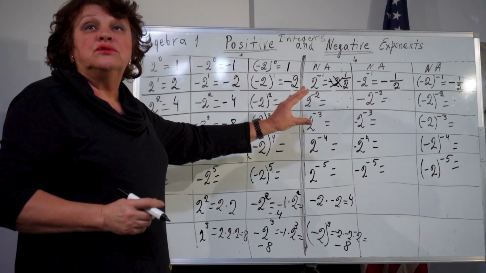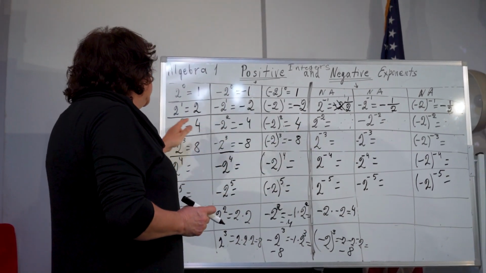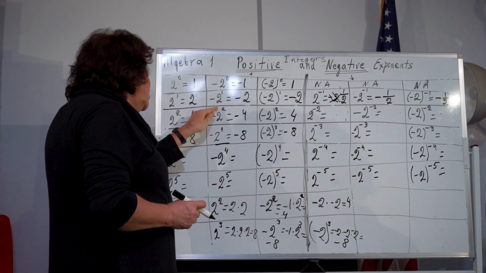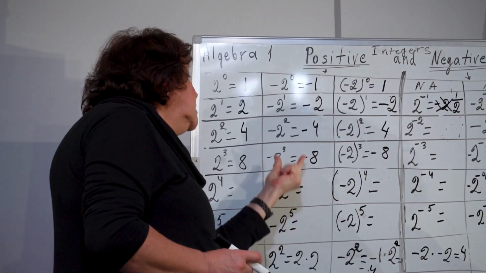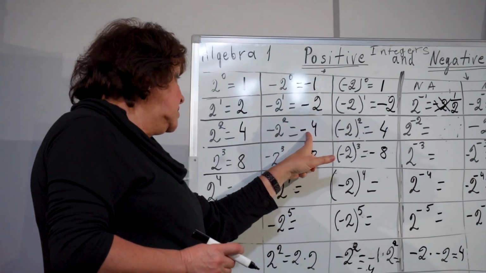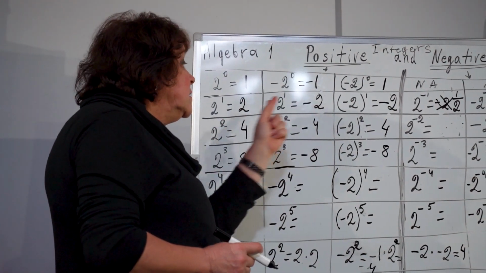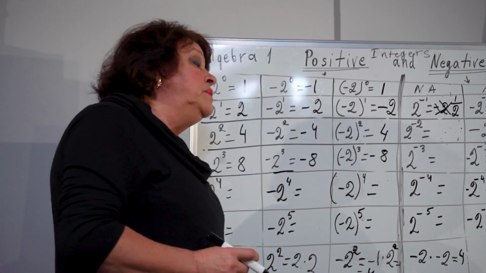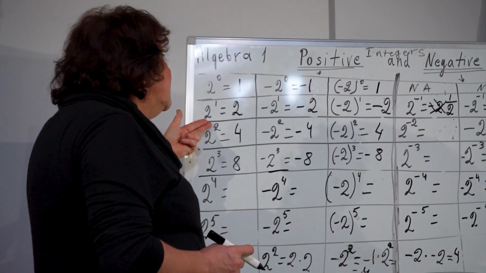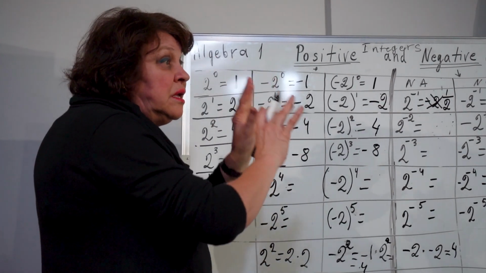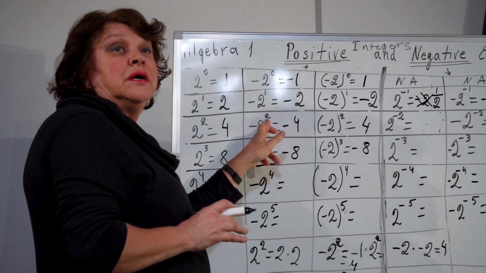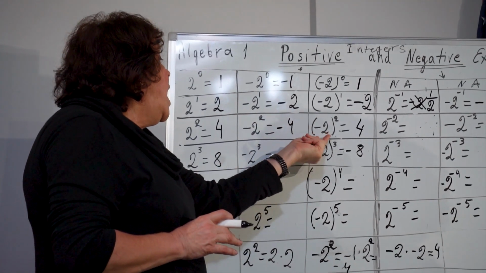So here, let's see the rule. If it's an even exponent, only this one, the middle column, is going to have a negative answer. And the first and the last column are always going to be positive for an even exponent, because this negative 1 is not affected by this power 2.